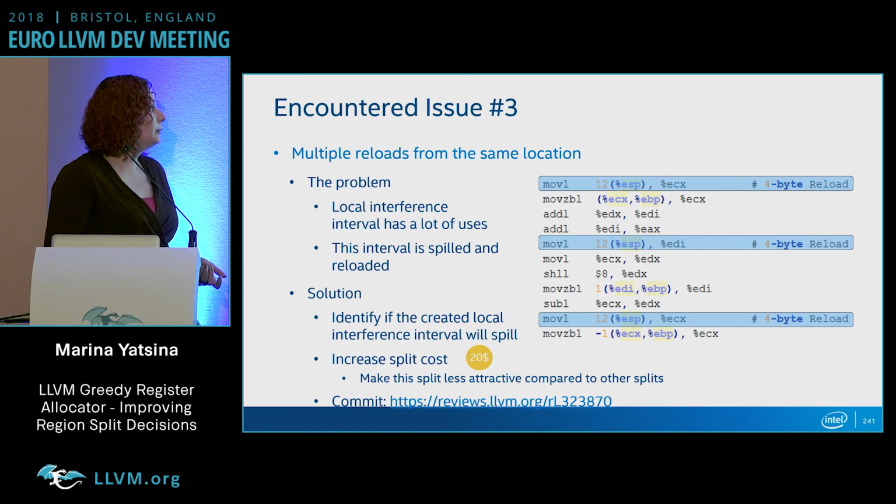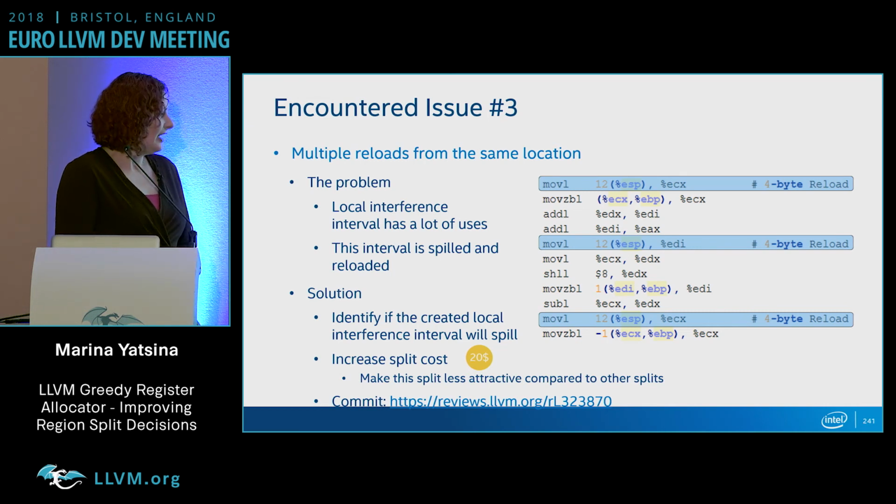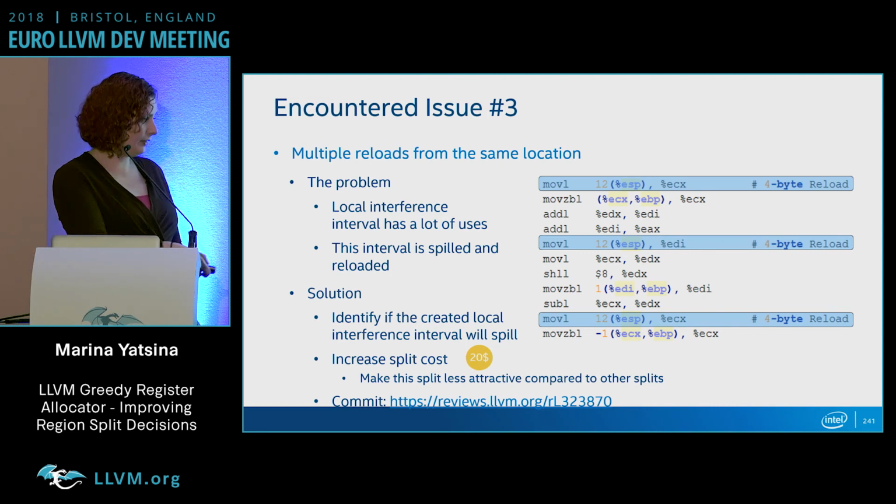So if we conclude, the problem was that the local interference had a lot of uses in the hot loop, and the interval was spilled and reloaded a lot. So again, the solution was really tailored for this case, and we increased the split cost for this case. And this is the review for the commit.